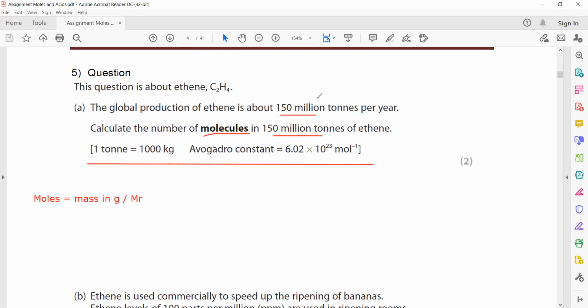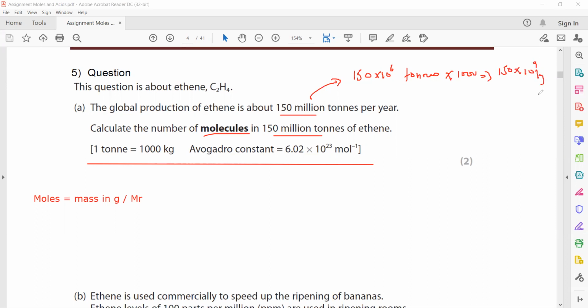First we have to convert this into kilograms, so it is 150 into 10 to the power 6 tons. Then we convert into kilograms. As we know, 1 ton is equal to 1000 kilograms, so we multiply by 1000. So it will be 150 into 10 to the power 9.